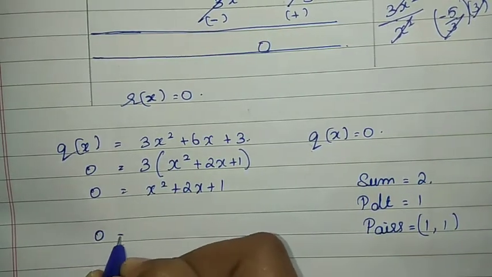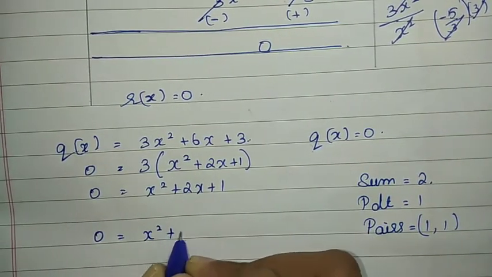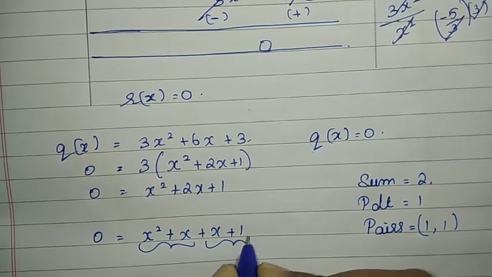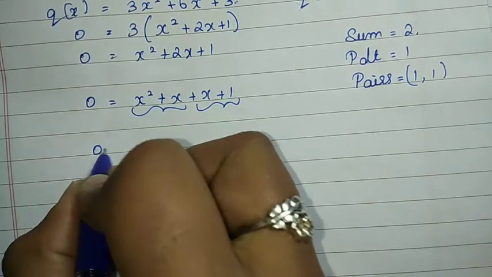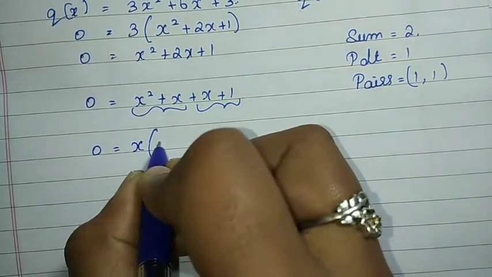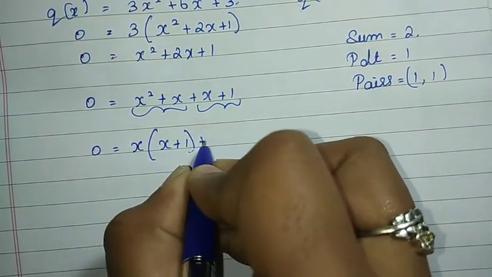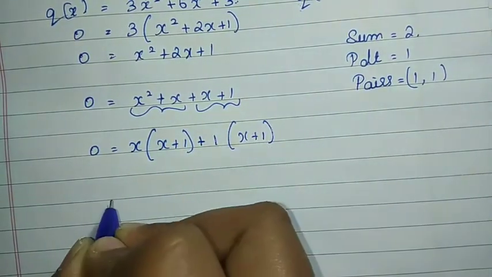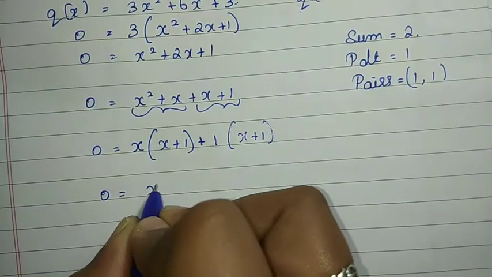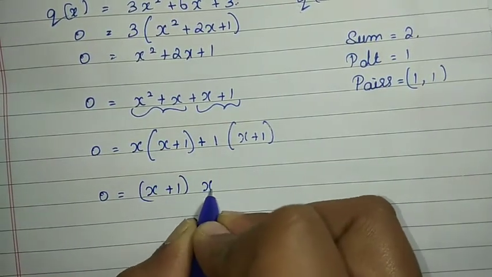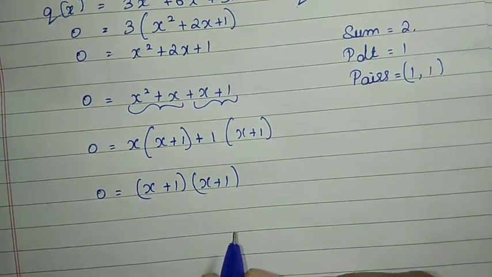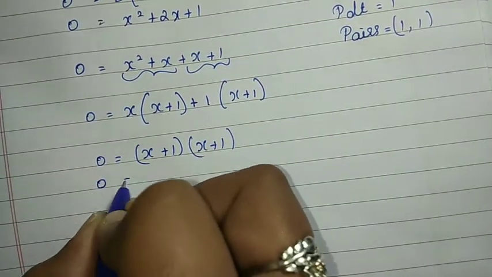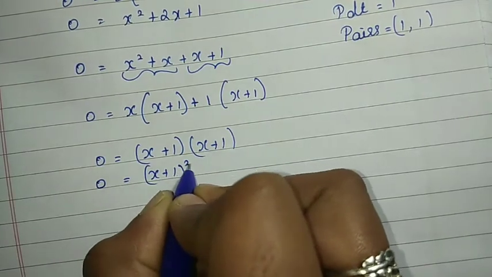So 0 is equal to x² + x + x + 1. Now I will be grouping. So 0 is equal to x, I will take it common: x(x + 1) plus 1(x + 1), because 1 only is common for both these. So 0 is equal to (x + 1)(x + 1). Now I will be equating this to 0. So this one will be (x + 1) the whole square, isn't it?